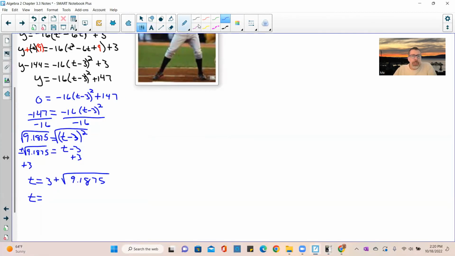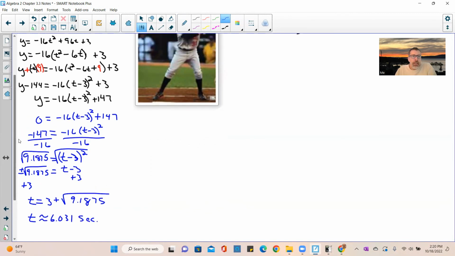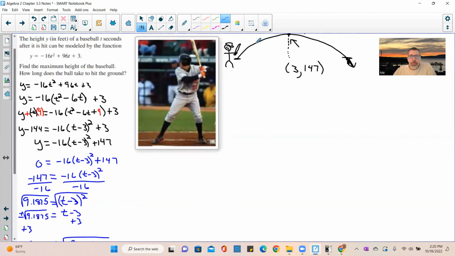So it's approximately 6.031. So I'll do an approximation. So the time is approximately 6.031 seconds. Okay, that's how long it took the ball to go from the bat up to the maximum at 147 feet, back down and hit the ground.